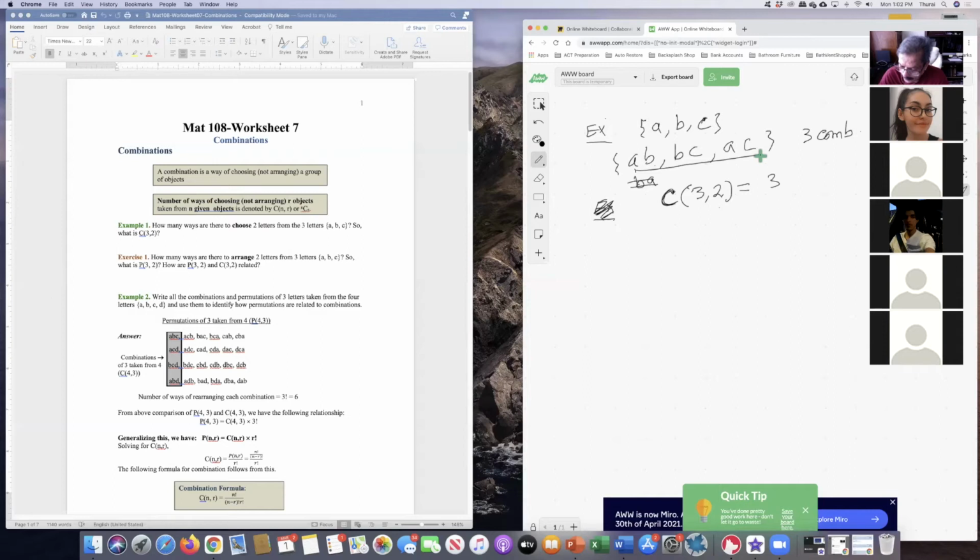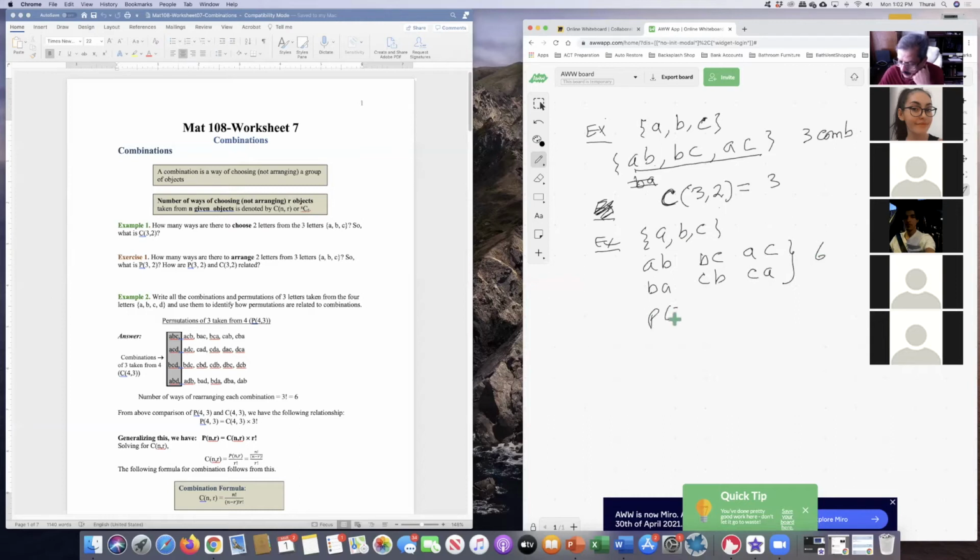But if it is permutation, then the second question is, how many permutations are there for the 3 letters ABC? The permutations will be AB, BC, AC, and BA, CB, CA. These are the permutations. So there are 6 of them.